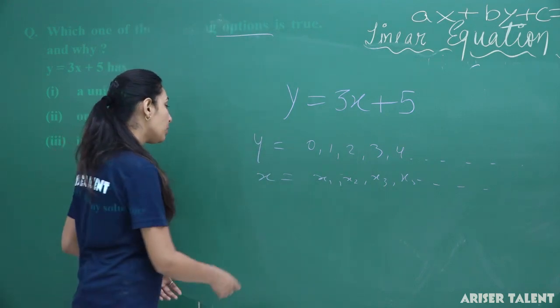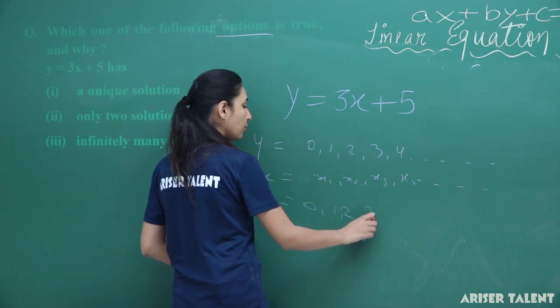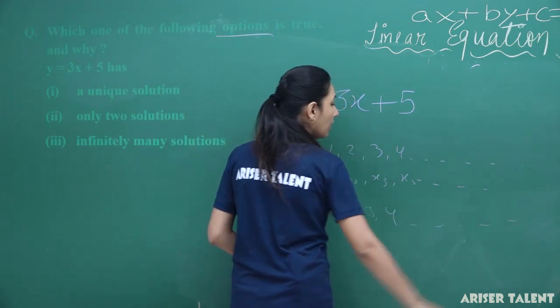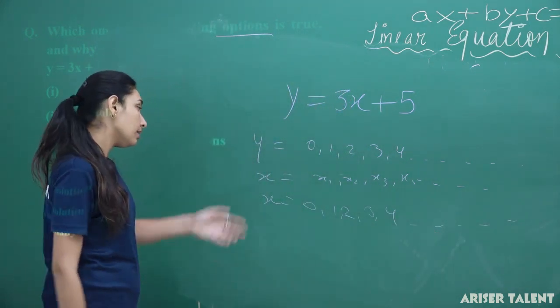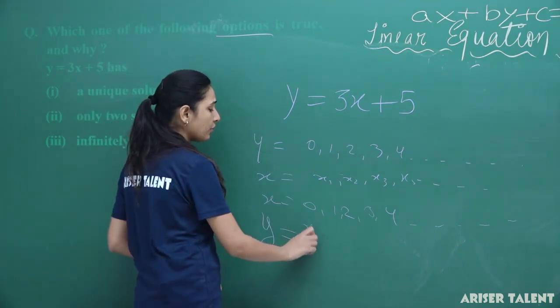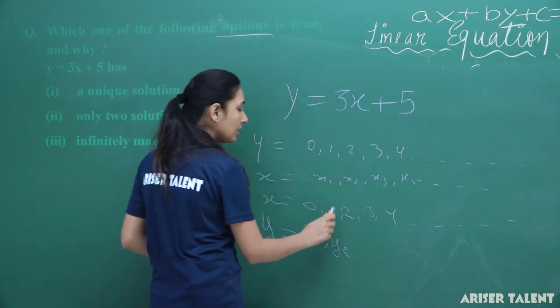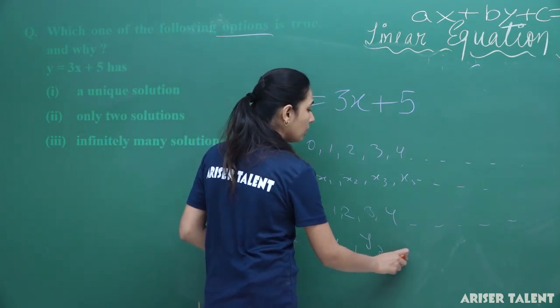Similarly, if I put x equals 0, 1, 2, 3, 4, 5 and so on infinitely, wherever the largest number goes, then I will have a value of y, let us suppose y1 on getting 0, y2 on getting 1, y3 and so on.